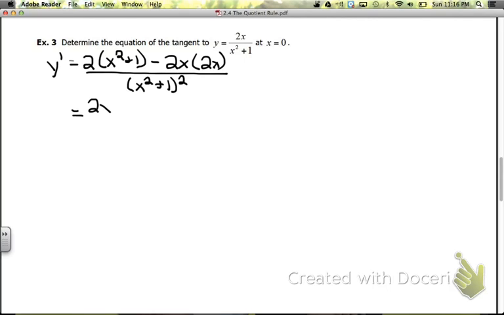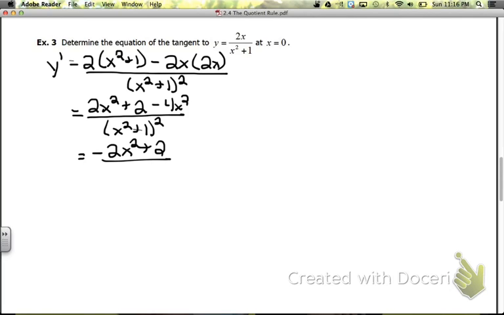So we have 2x squared plus 2 minus 4x squared all over x squared plus 1 all squared. So this will give us negative 2x squared plus 2 all over x squared plus 1 squared.